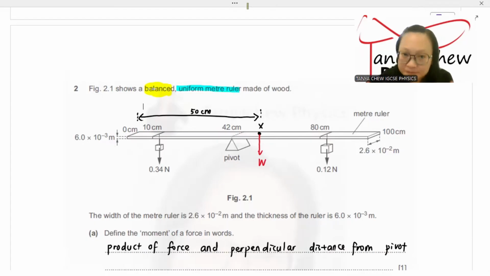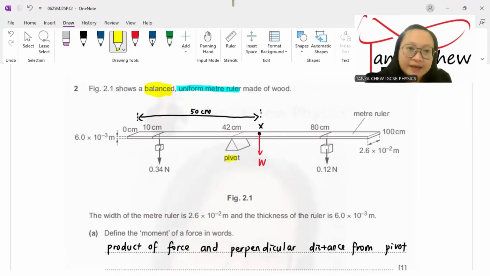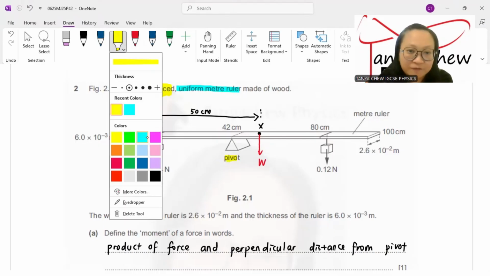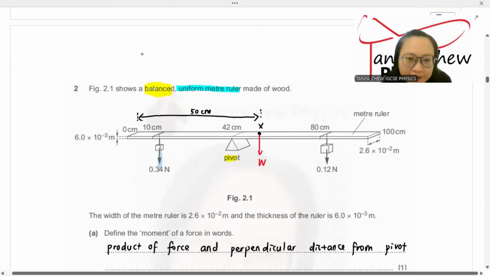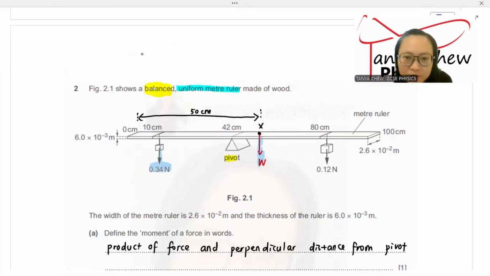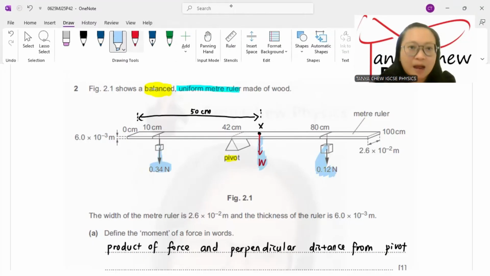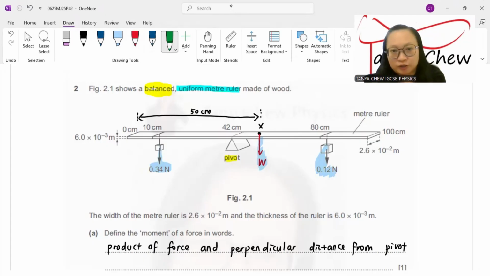First step, identify your pivot. Pivot is here. Second step, identify all the forces acting on the system. I have 0.34 acting downwards. I have the weight of the meter ruler acting downwards. And I also have 0.12 Newton acting downwards. Only 3 forces involved here. Next, identify the direction of moment caused by all these forces.